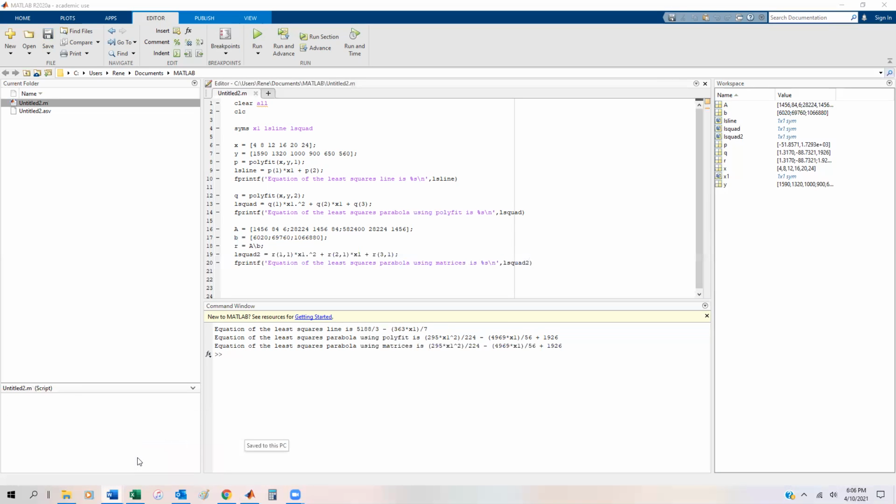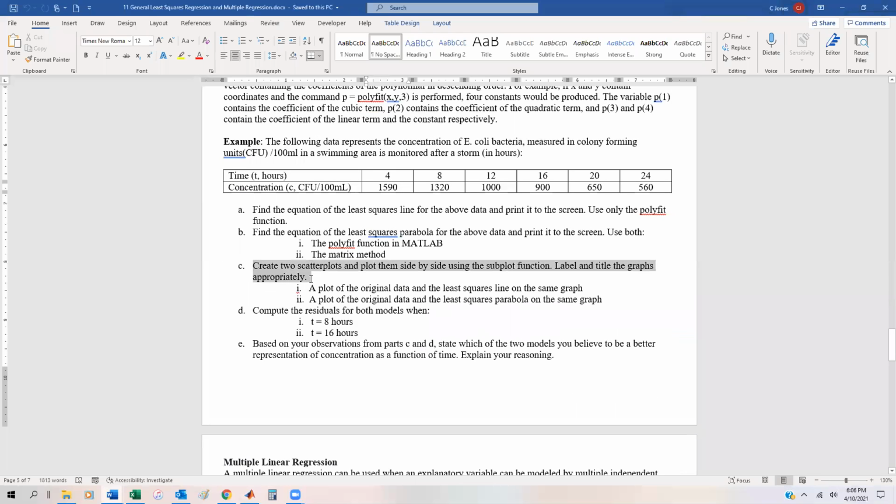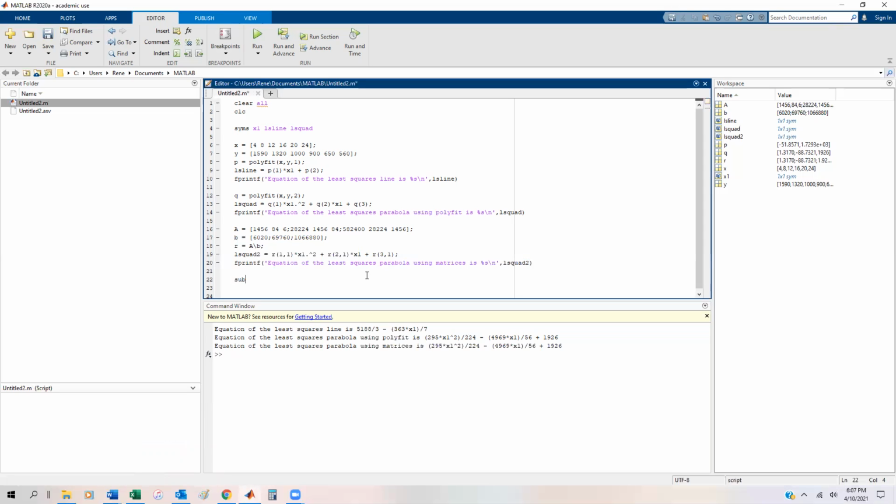Next thing that we are asked to do is create two scatter plots and plot them side by side. All right, so we're going to have a subplot 1, 2, 1, and we are going to let x1 be equal to, now notice the lowest x is 4 and the highest x is 24. So we can use that trick where we have min x colon 0.01 colon max x.